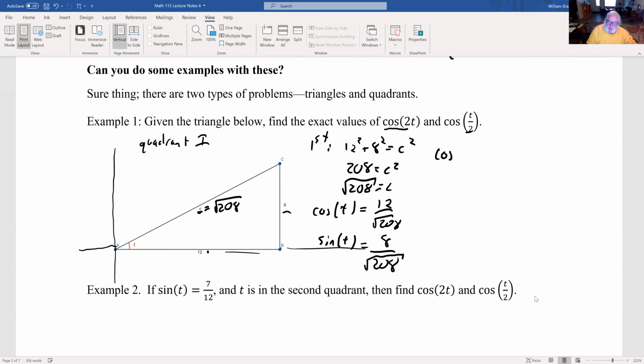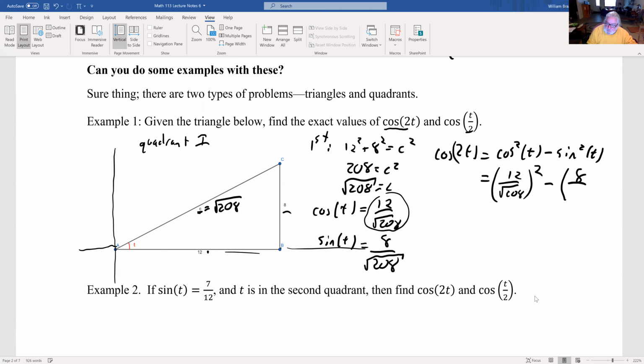So cosine 2t is cosine squared t minus sine squared t. But cosine of t is this. So we replace the entire cosine with 12 over square root of 208. Now we square it because that's cosine squared t. And then minus sine t is 8 over square root of 208. I should remember to do the square roots after I write the thing inside them.